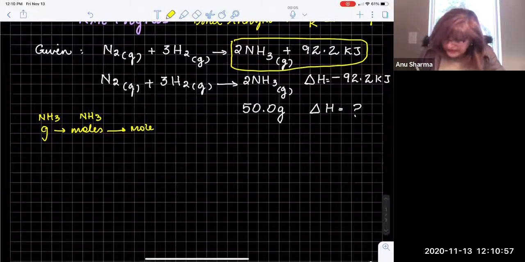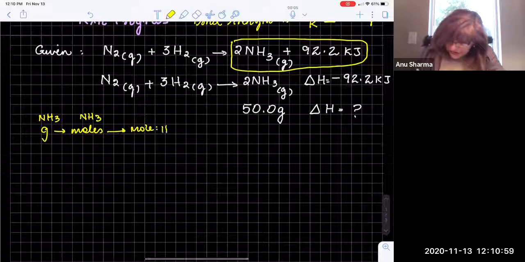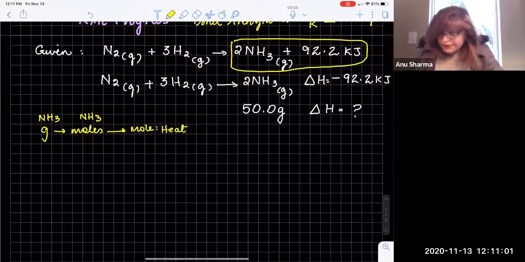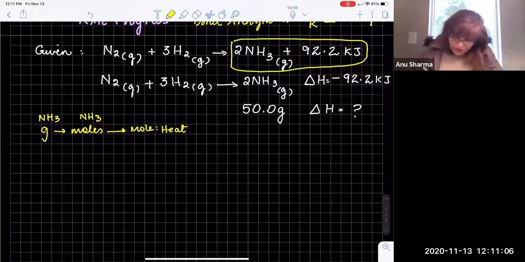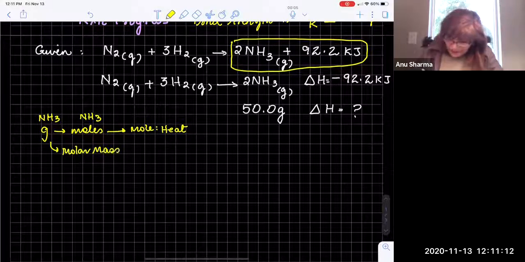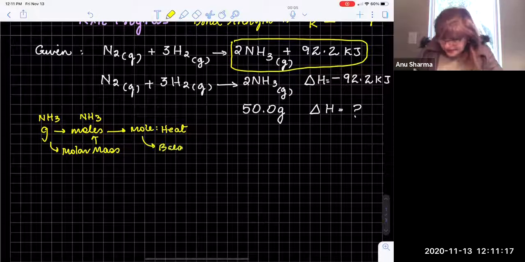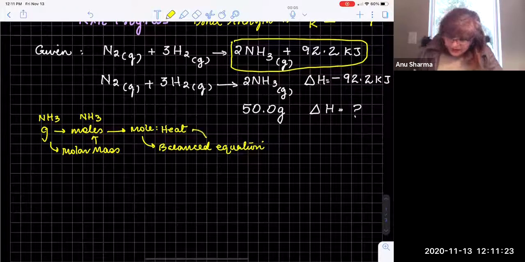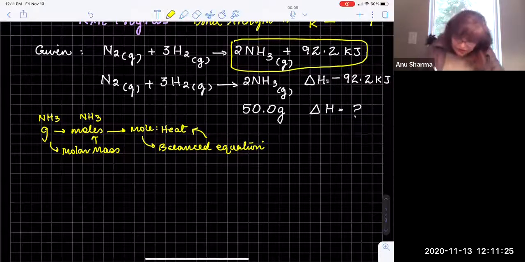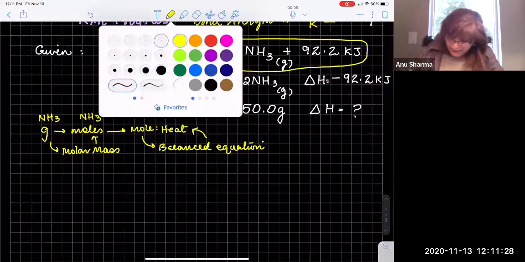Here, in this case, it's a mole to heat ratio, because heat is actually a product, but really it's how many moles are producing how much heat. For that, you go through the molar mass of ammonia, and for this piece you look at the balanced equation, and that gives you the amount of heat. So this is going to be our map.